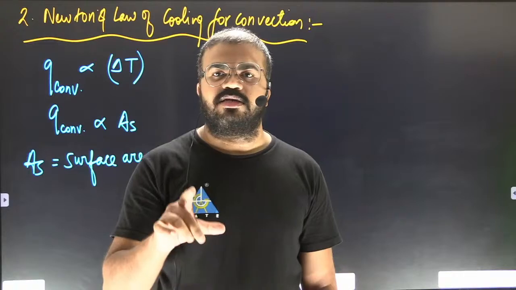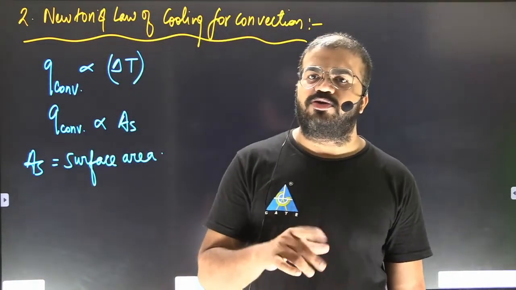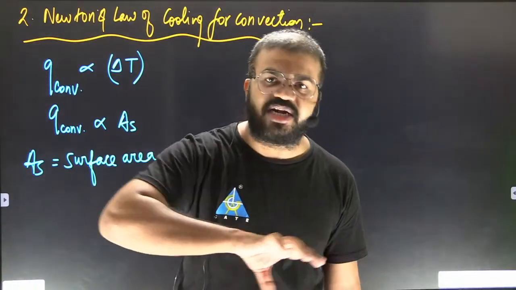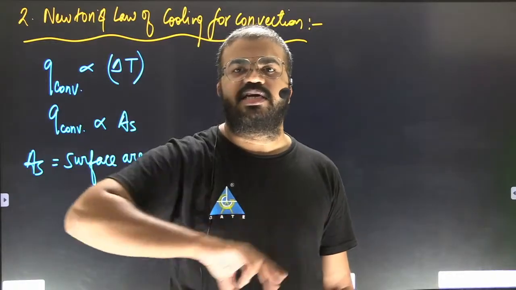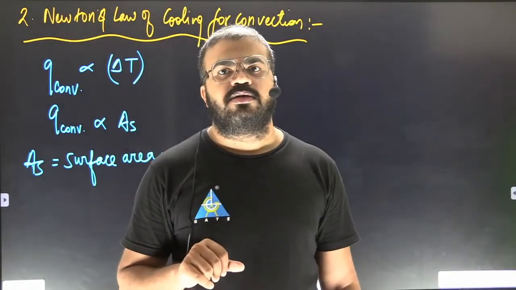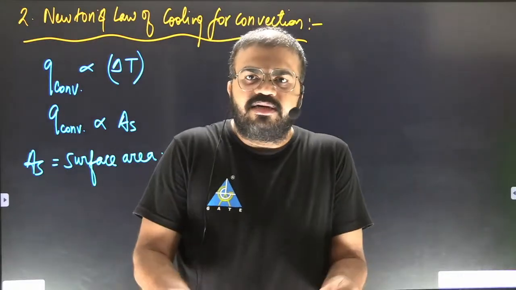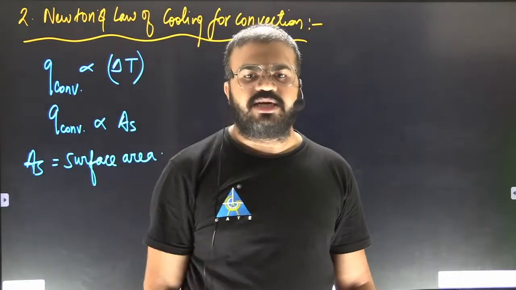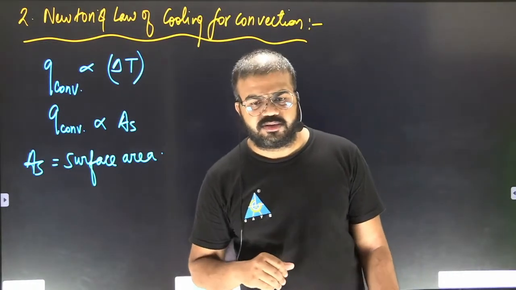She says, beta, don't worry, spread it on the entire surface of the rice, so that the surface area increases, the rate of heat transfer is higher, and more heat can be taken away. Got the concept, yes or no?